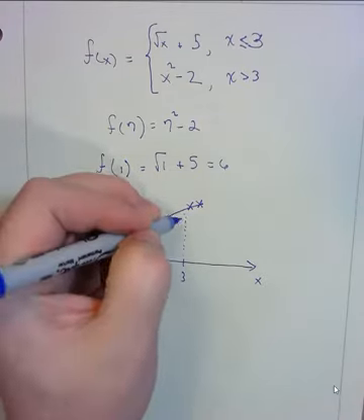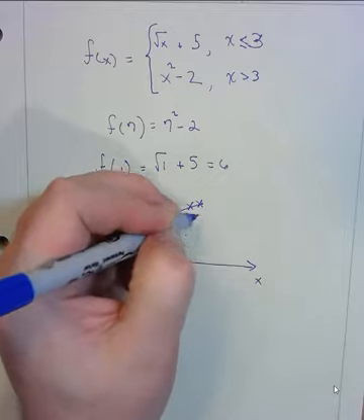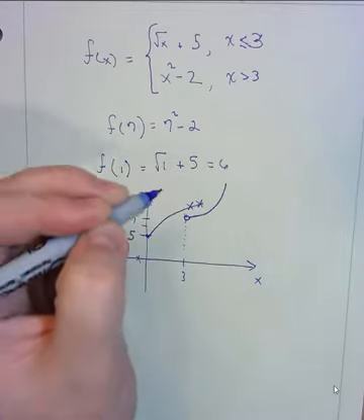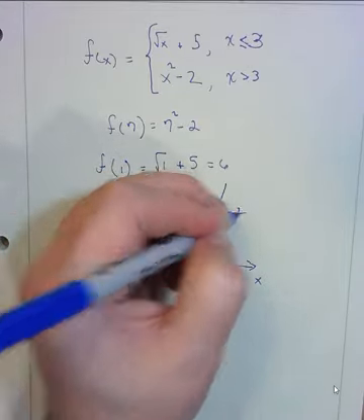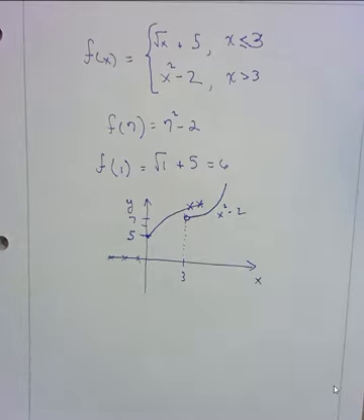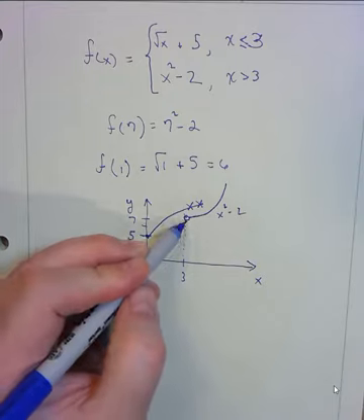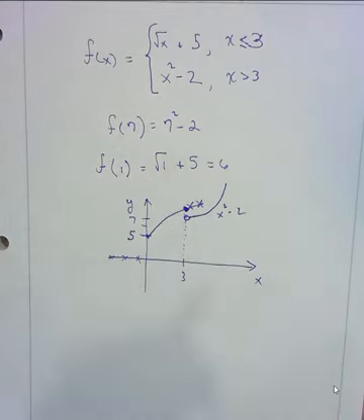And then I will switch to the parabola x squared minus 2 for x coordinates beyond 3. I've left a little open circle, and I would put a closed circle there to indicate that x equals 3 itself gives you a point on the top recipe, square root of x plus 5.